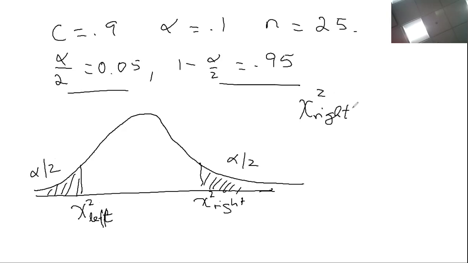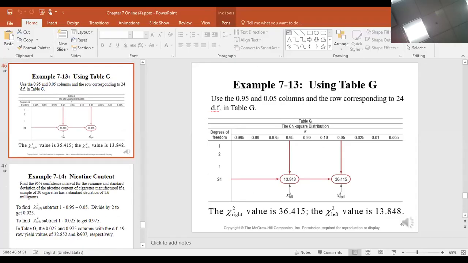For those of you with the distribution, chi-square left. I will show the portion of the table that you are looking at. So you look at the alpha, which is 0.05, and the degree of freedom is 24 because n was 25.